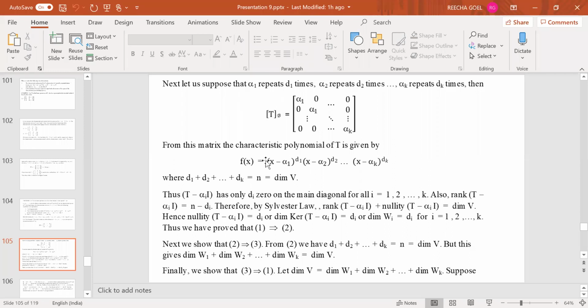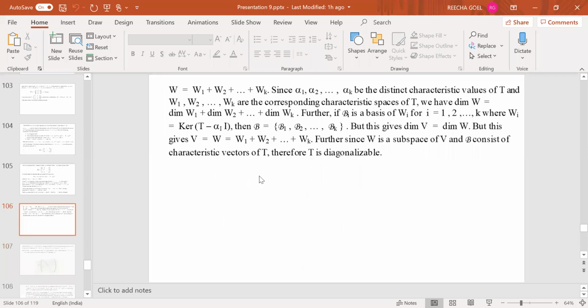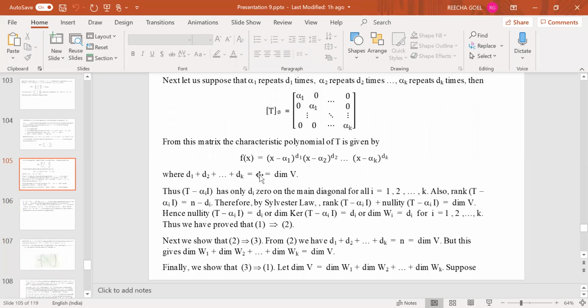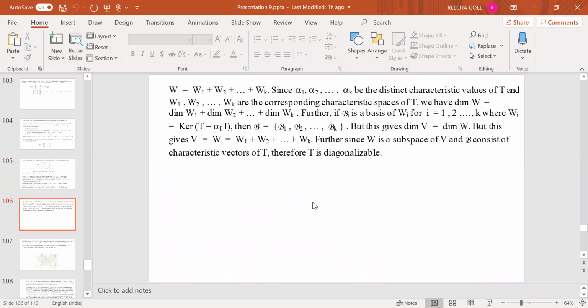Now 2 implies 3 is obvious, there is nothing to be done. And as far as 3 implies 1 is concerned, we are given that the dimension of V is equal to dimension W1 plus dimension W2 plus ... plus dimension Wk. Suppose W is nothing but W1 plus W2 plus ... plus Wk. I will just show that this W is nothing but V itself.